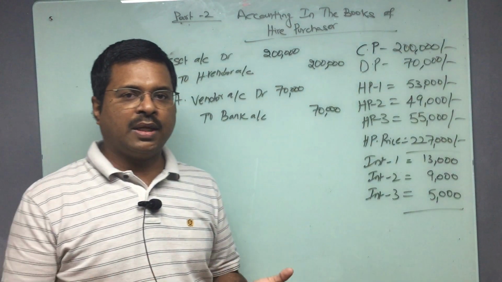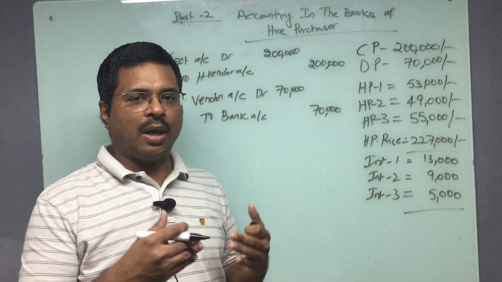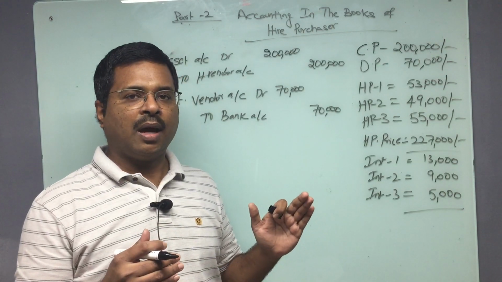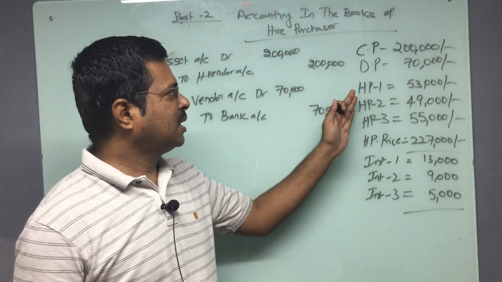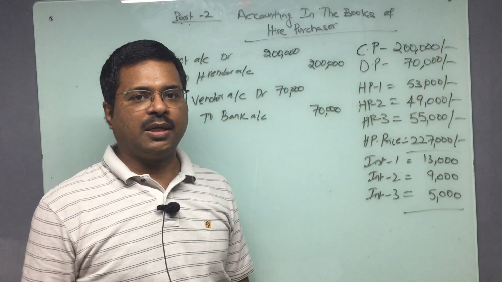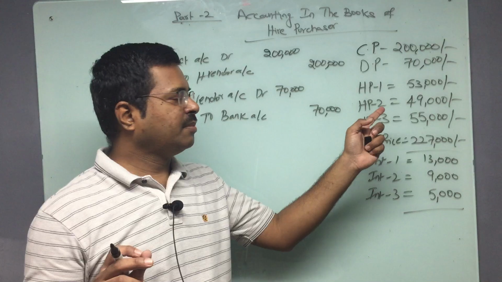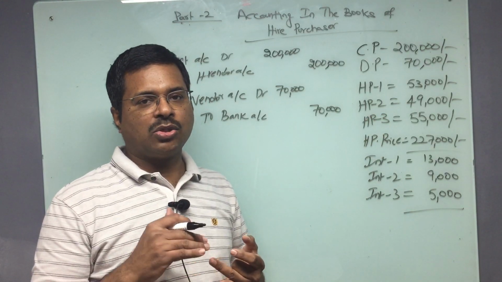Next, does anything happen between these two in respect of this transaction? No. At year end, the hire purchaser has to pay the first installment. The first installment includes cash price and also interest.